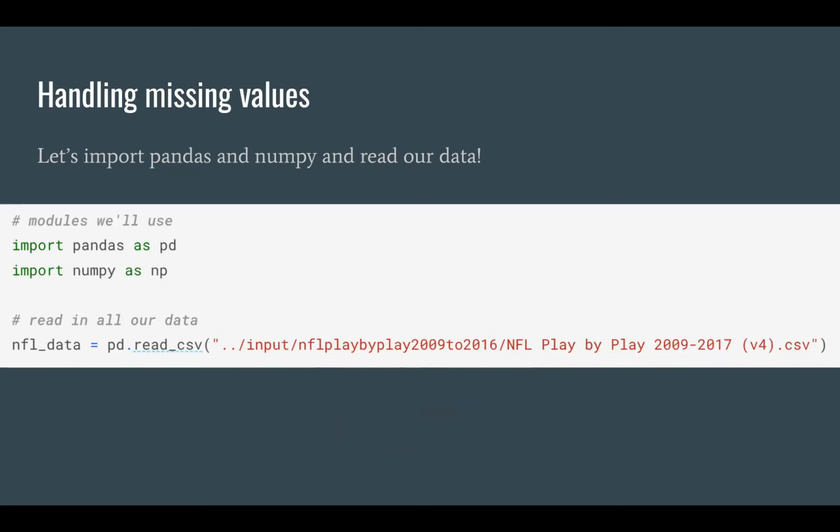Now, handling missing values. Data cleaning is a key part of data science, but oftentimes it can be deeply frustrating. It's because you might notice something like, why are some of the text fields garbled? There are a lot of questions, a lot of issues that you can run into.